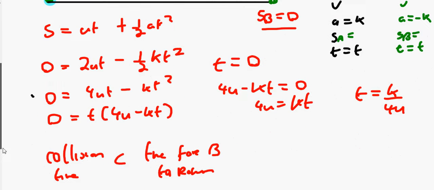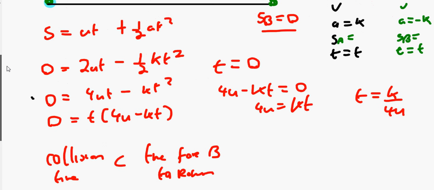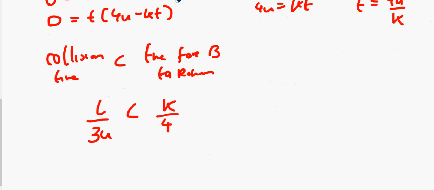Go back down again. L over 3U is smaller than... oh, sorry, my fault. T equals 4U over K. Bring K underneath, so T equals 4U over K. If you left the answer like this, there's nothing in the description of the question to tell me how you're meant to present it, so I would give full marks for that.